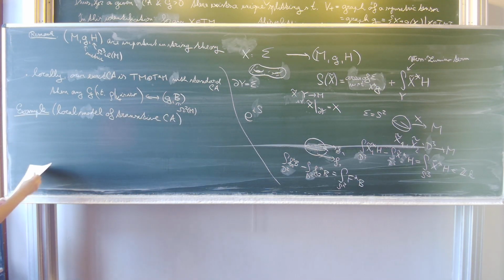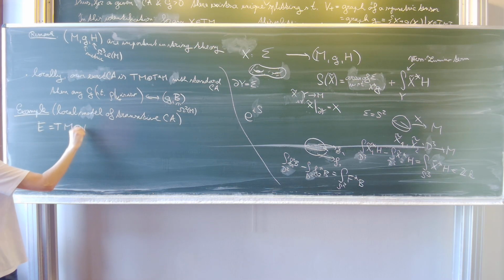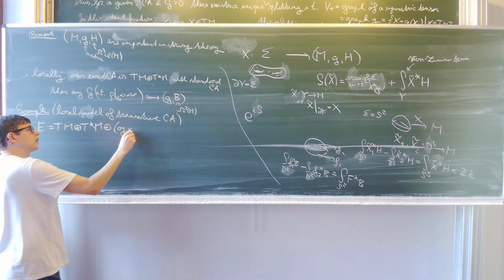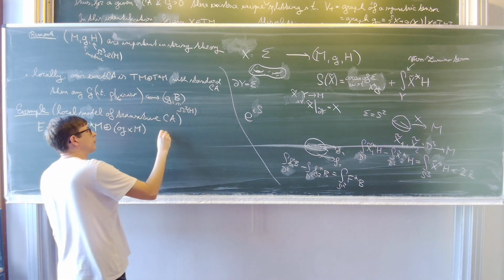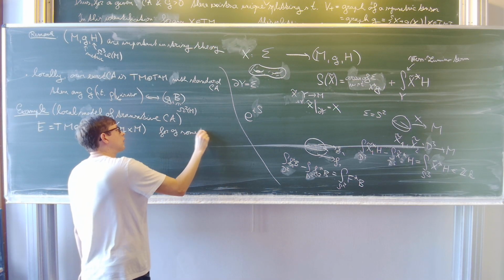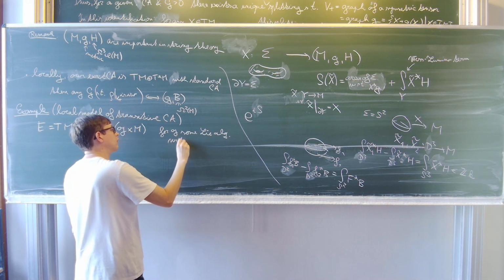What was that thing? If you remember the E of Tm, any transitive current algebra can be locally seen like this, for G some Lie algebra with invariant pairing.